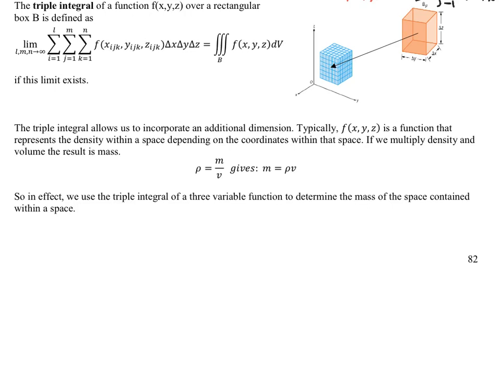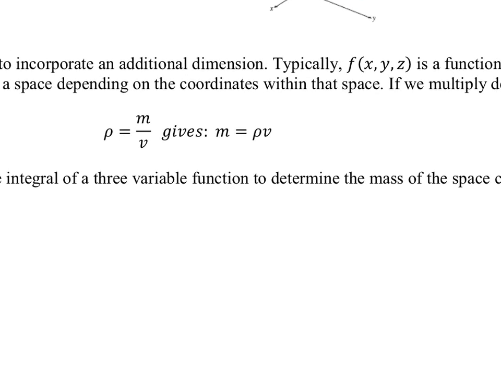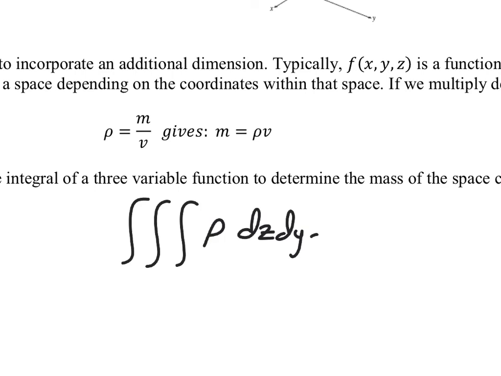So we have rho equals m over v, m being mass and v being volume. So m is equal to rho times the volume. If we get a product of rho and the volume, then what we end up doing is creating a triple integral of some new function, that density function multiplied by volume.